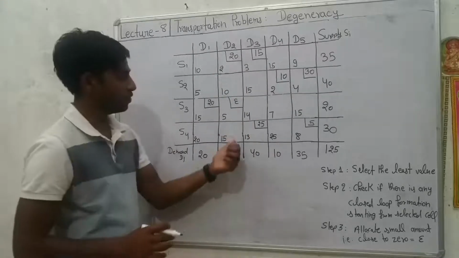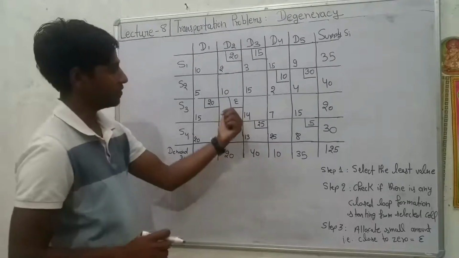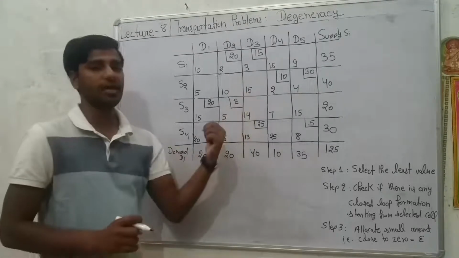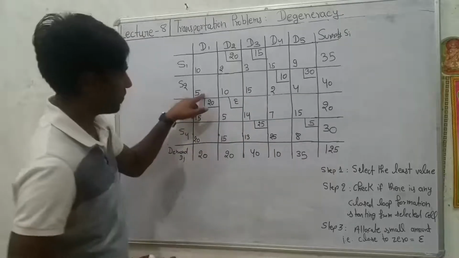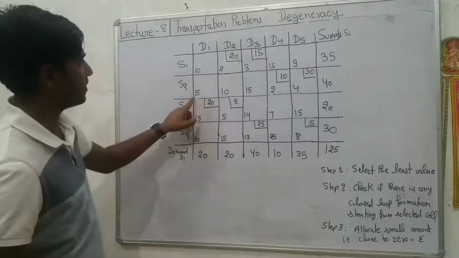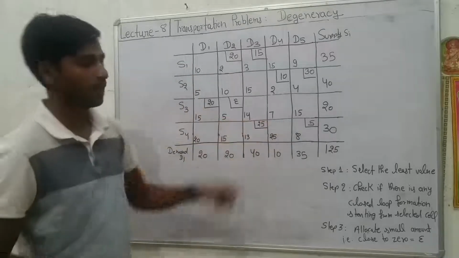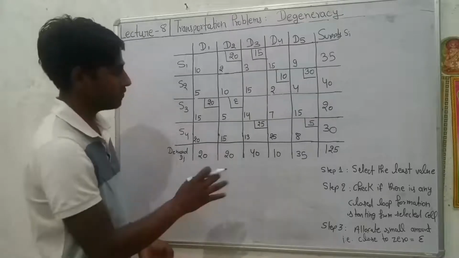Then we would reject this cell and search for another cell with the next minimum cost. Suppose we can go for 5, or if 5 is not there, then the next minimum is 7, in unoccupied cells only. So that would be the procedure.